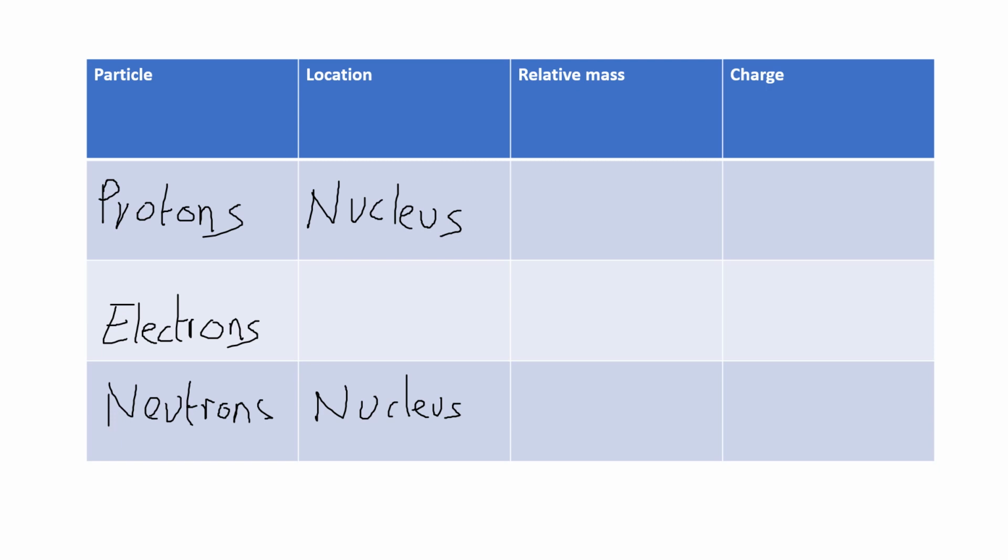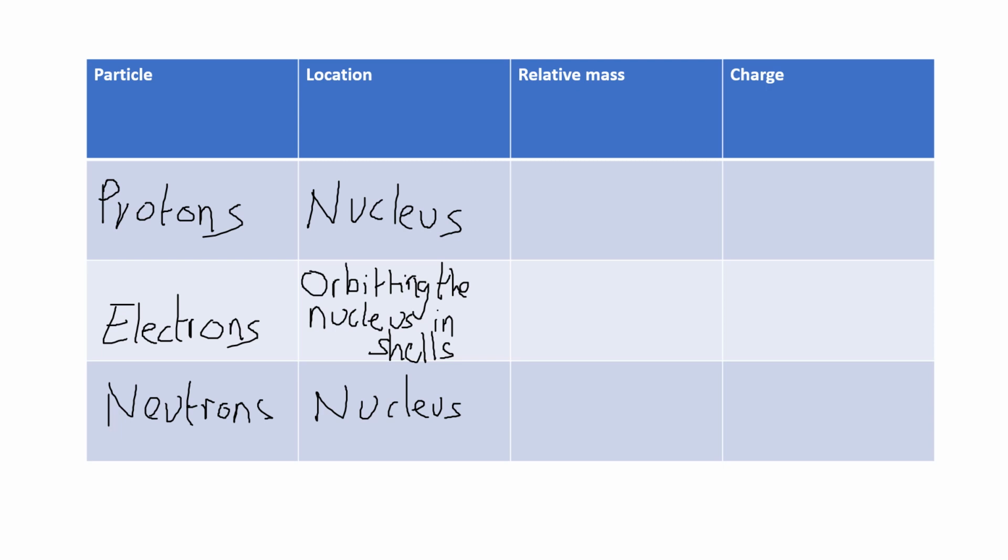And then we have the electrons orbiting the nucleus in shells, so surrounding the nucleus. I'm going to draw a diagram on the next page that will show this, make it a bit more visual.